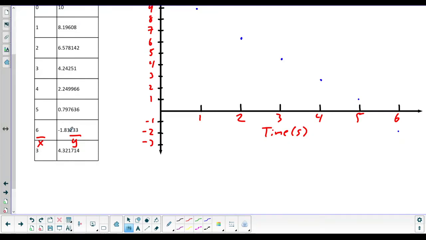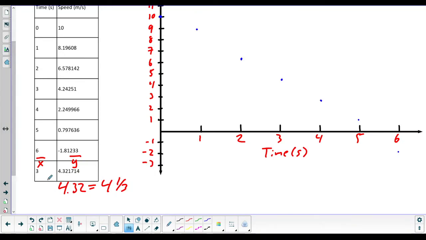If you do the same thing here with your y values, you'll get 4.321714, blah, blah, blah. We're going to say this is about 4.32, which means about 4 1/3-ish.